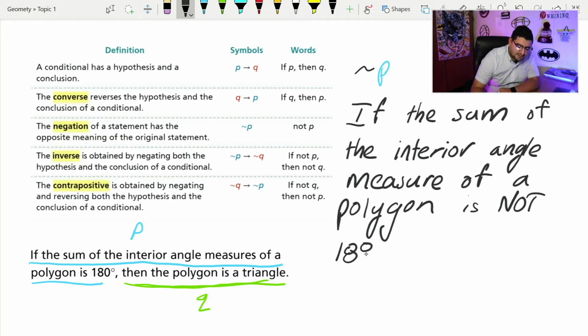This is what a negation does. A negation will take whatever the statement originally said and say the opposite of it. So instead of saying it was 180, the negation of P would say that it is not 180.